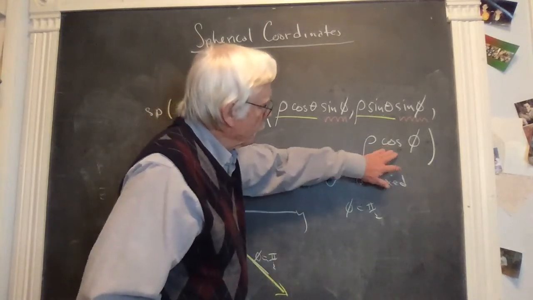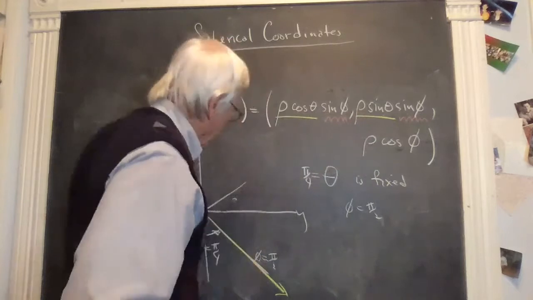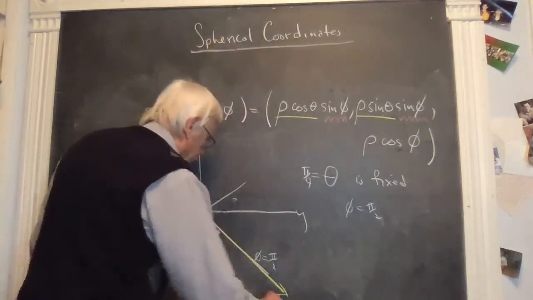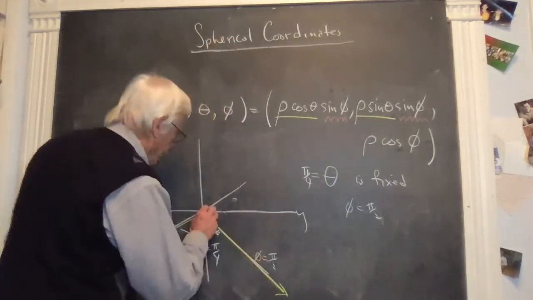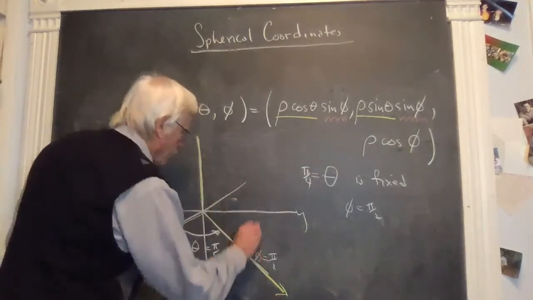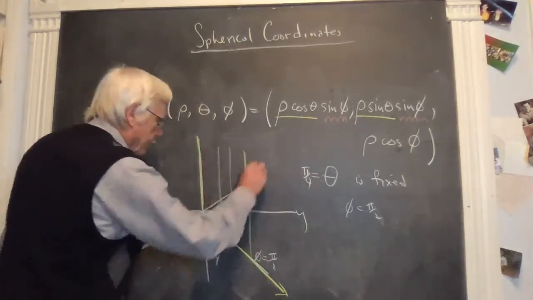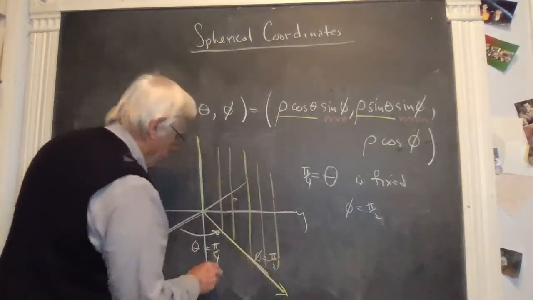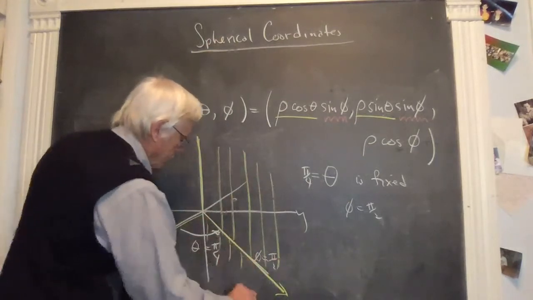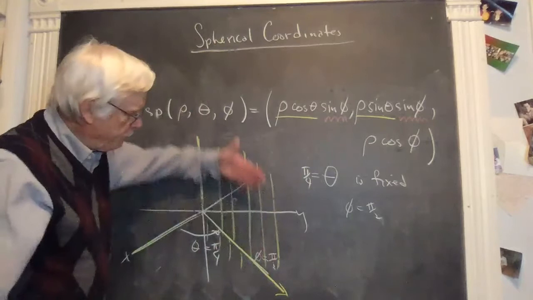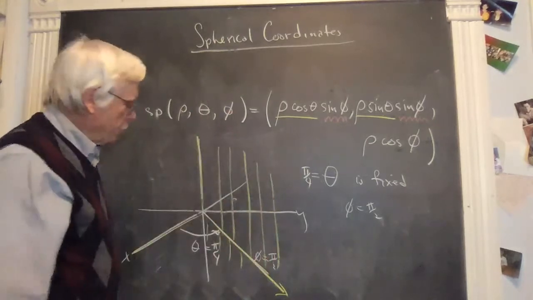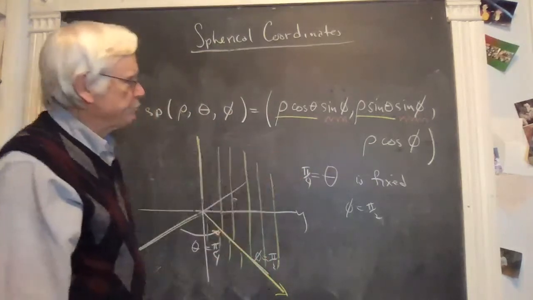If phi just goes in a smaller range, then you could keep rho positive. But for sure, what you get is everything above this ray. So everything above and below this ray, this kind of half plane here, is what you get for a fixed theta.